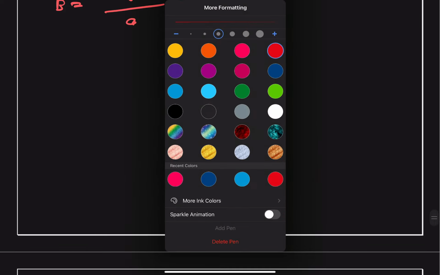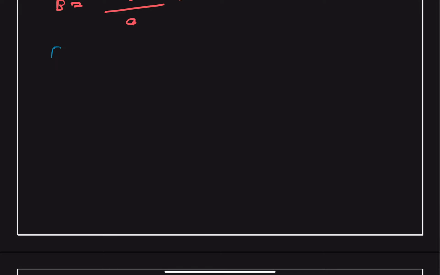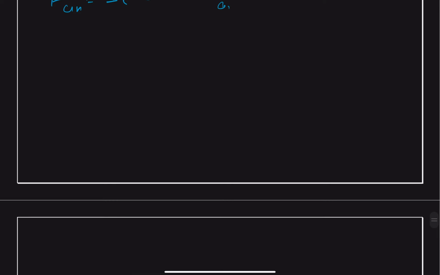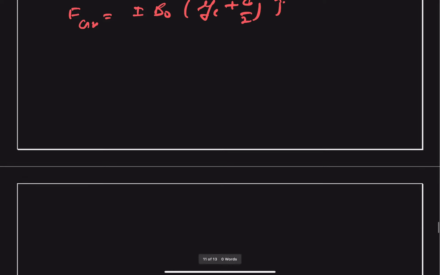Therefore the force on the side GH will be I, minus A I cross B naught YC plus A by 2 K unit vector divided by A, and we can write this as F GH equal to I B naught, YC plus A by 2, J unit vector.